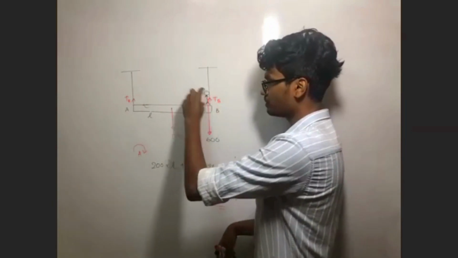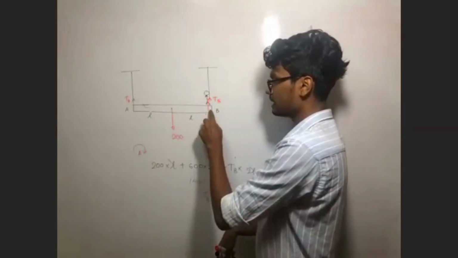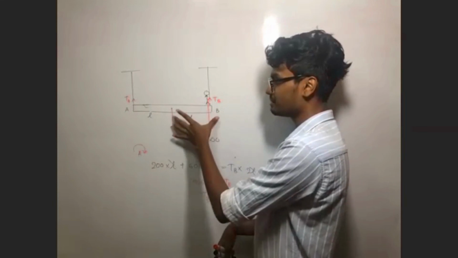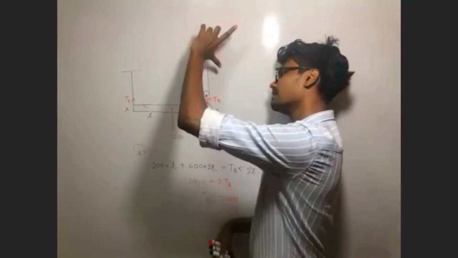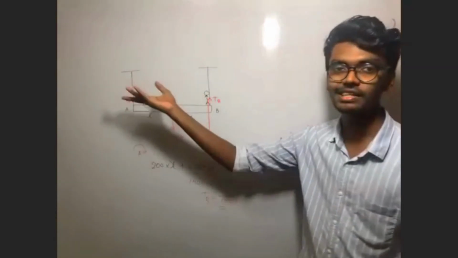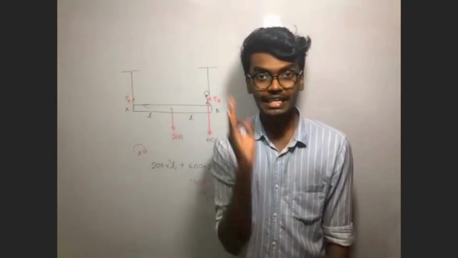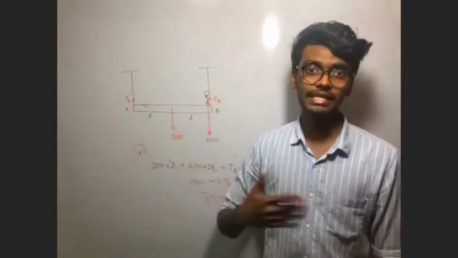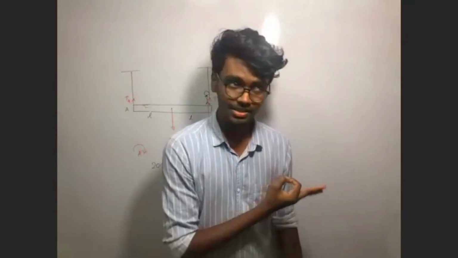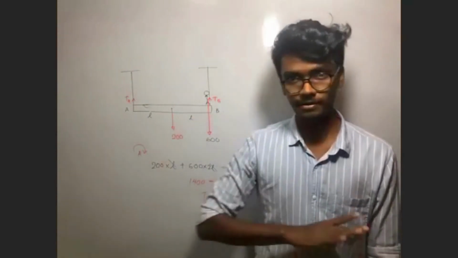So let's put this guy here and apply a moment around B. Once again the same, 200 into L, 600 into 2L, TA into 2L. Once again TA is going to be 700. So each of these tensions, if they are 700 each, then the string will never disconnect.